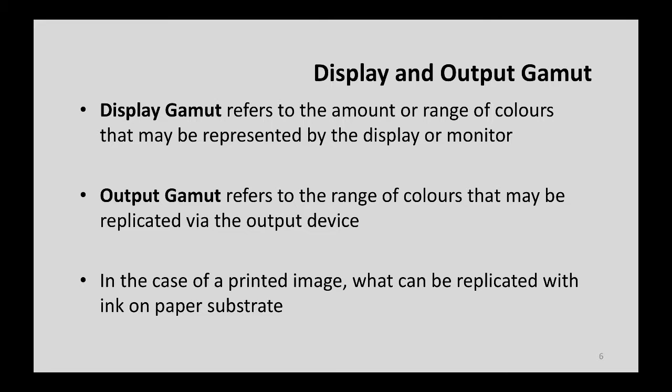Output gamut refers to the range of colors that may be replicated via the output device. In the case of a printed image, what can be replicated on ink or paper surface is different to what we see with our eye and is different to what the monitor can display. So different quality monitors will be able to display a different range of color and tone.